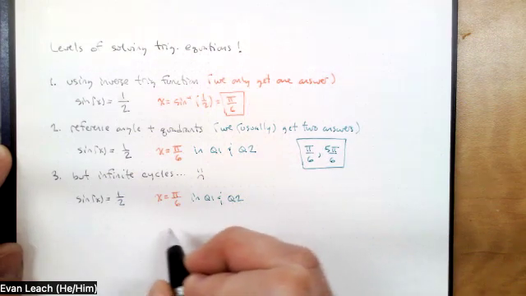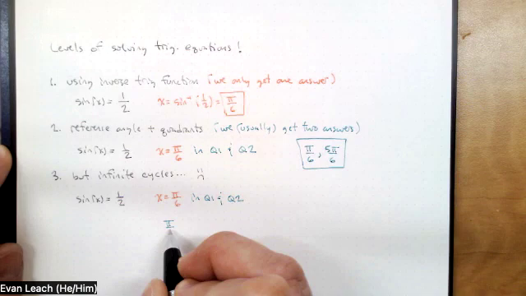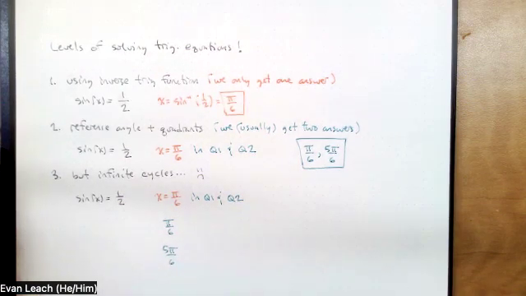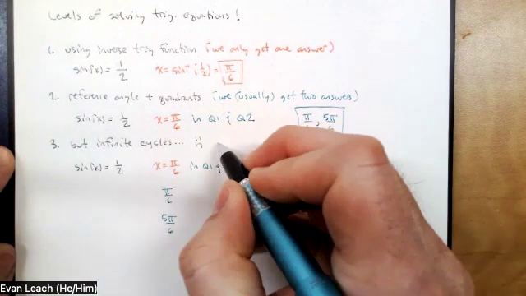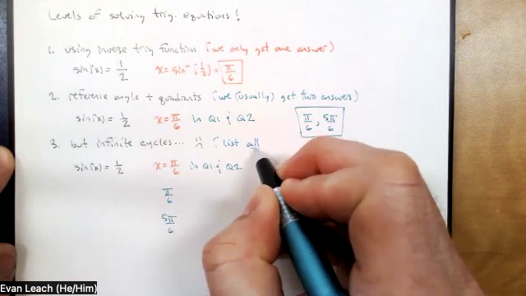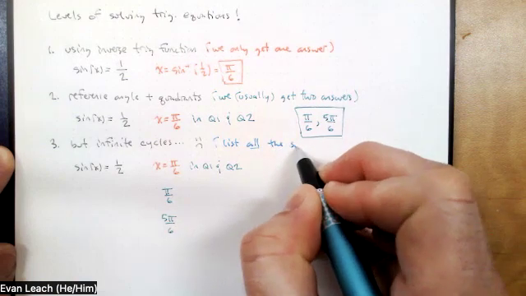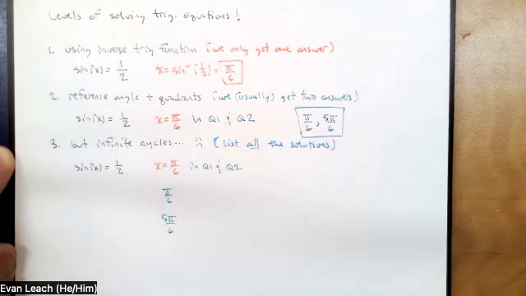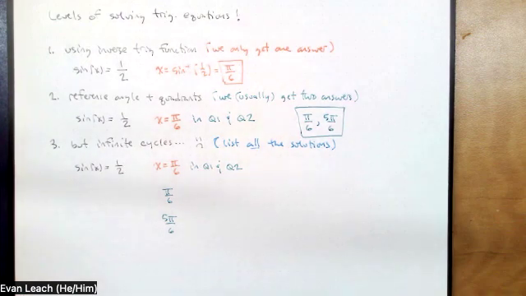So that gives pi over 6 and 5 pi over 6. Here's where we're going to list all the solutions.